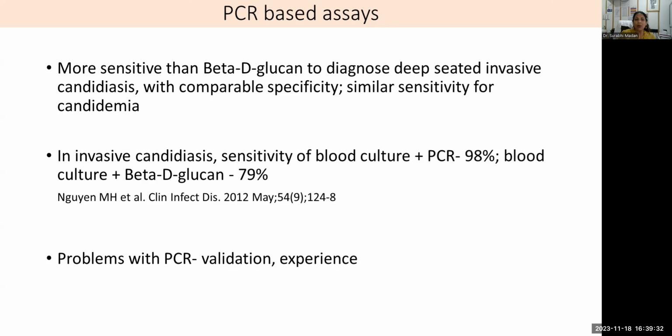Now, if we talk about the best possible diagnostics, a combination of blood culture with PCR or blood culture with beta-D-glucan would give you the best sensitivity. However, the problem with PCRs is that our experience with them is not very good, and of course, these assays have to be validated properly before we start using them.